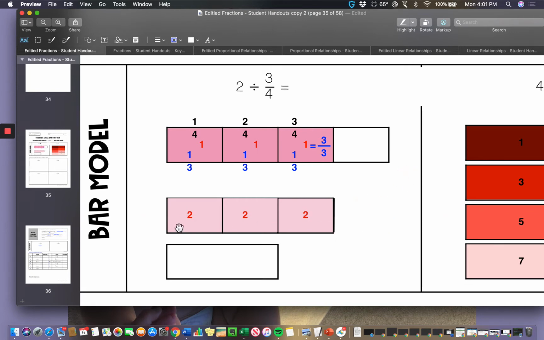Alright, so here's another set. So I have one set of thirds, I have another set of thirds, and then finally I have another set right here. And again, I'm going to need to make sure that these are cut up appropriately.